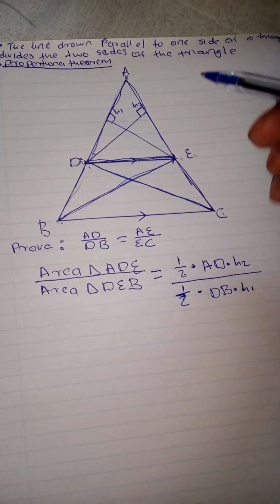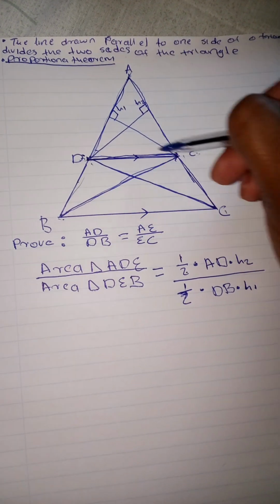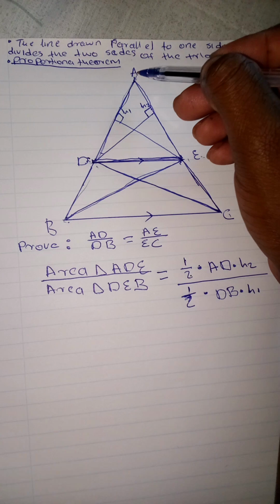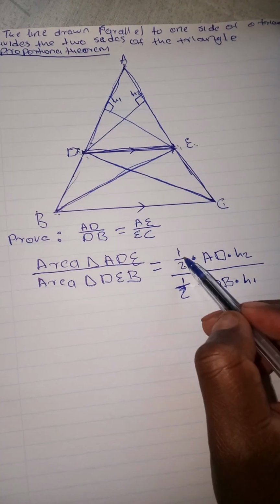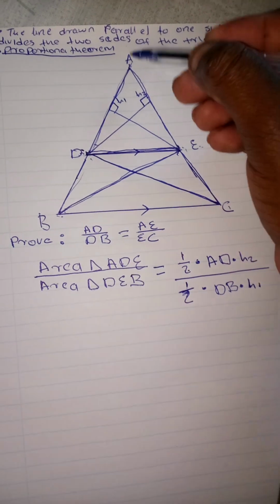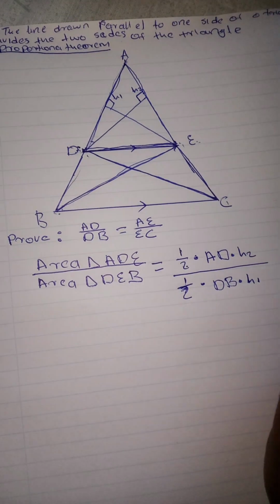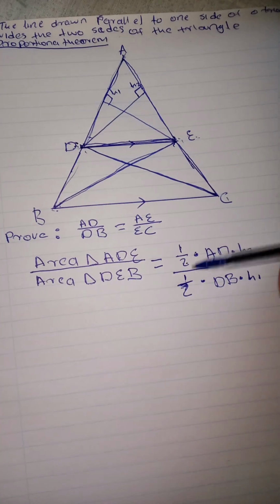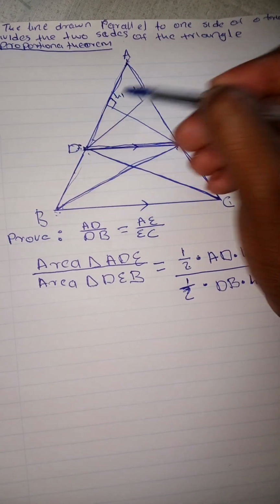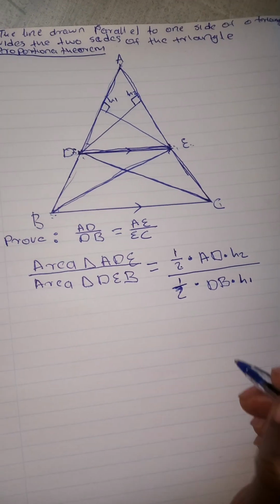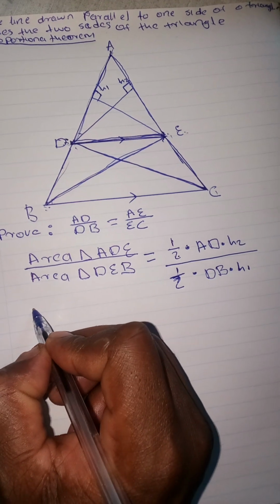Right. So this is your first step: the area of ADE over the area of DEB is equal to half of AD times the opposite height, and then over half of DB times the height, which is H1.